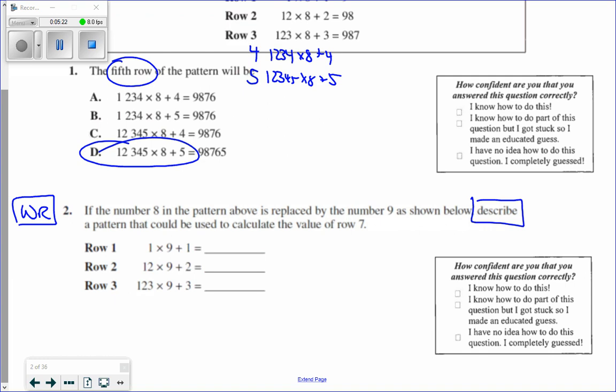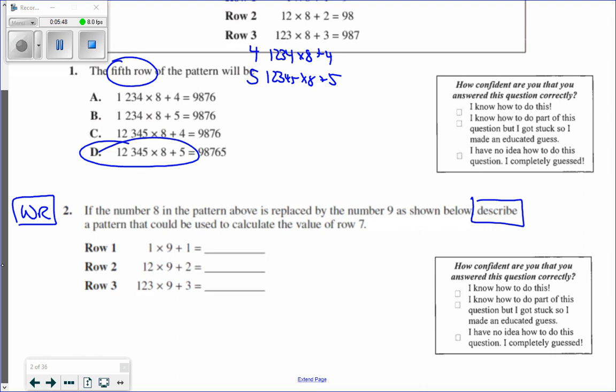Don't try to impress. They're not marking your spelling or your sentence structure. What they're marking is, is your explanation understandable so that I can follow along with what you're saying? If I'm not a math teacher, do I understand what you're doing? That's what it means to describe, is to be thorough enough, right? Describe like the person knows nothing.